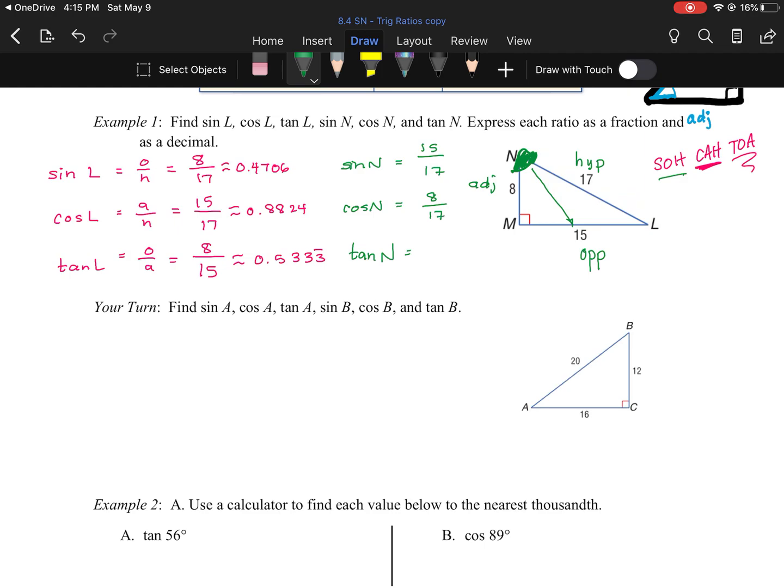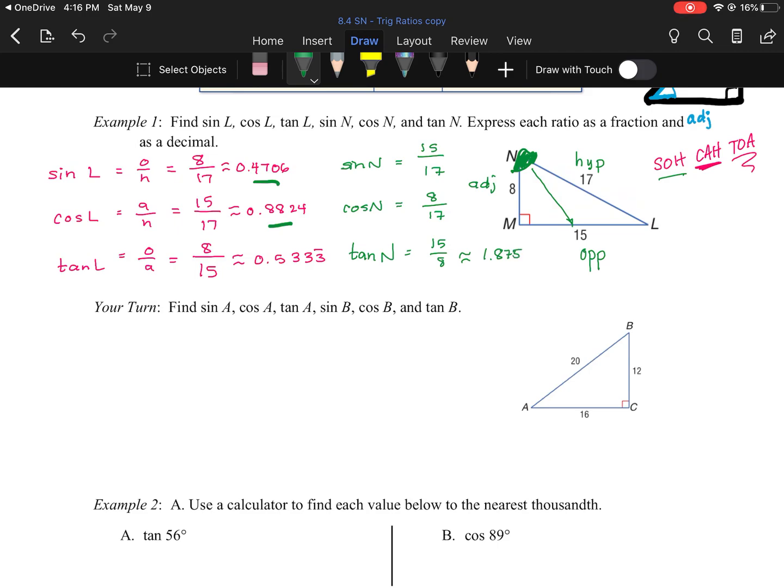And finally, tangent is opposite over adjacent, so that is 15 over 8. And if you look, we do have all these decimals over here. 15 over 17 is that. 8 over 17 is that. 15 over 8 we don't have, so I'll go ahead and do that one. 15 divided by 8 is approximately 1.875.